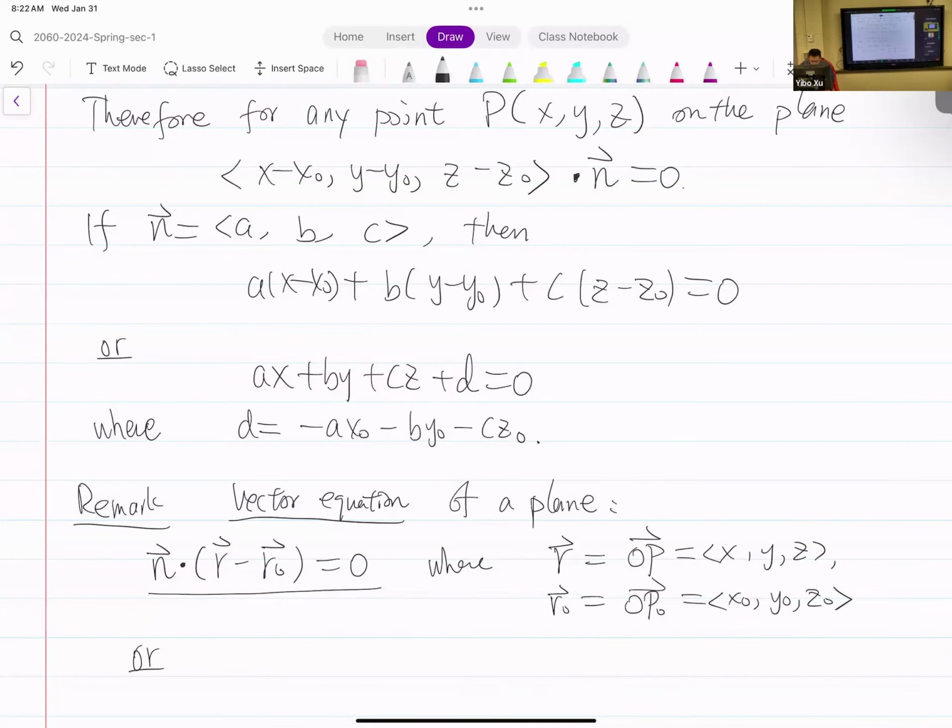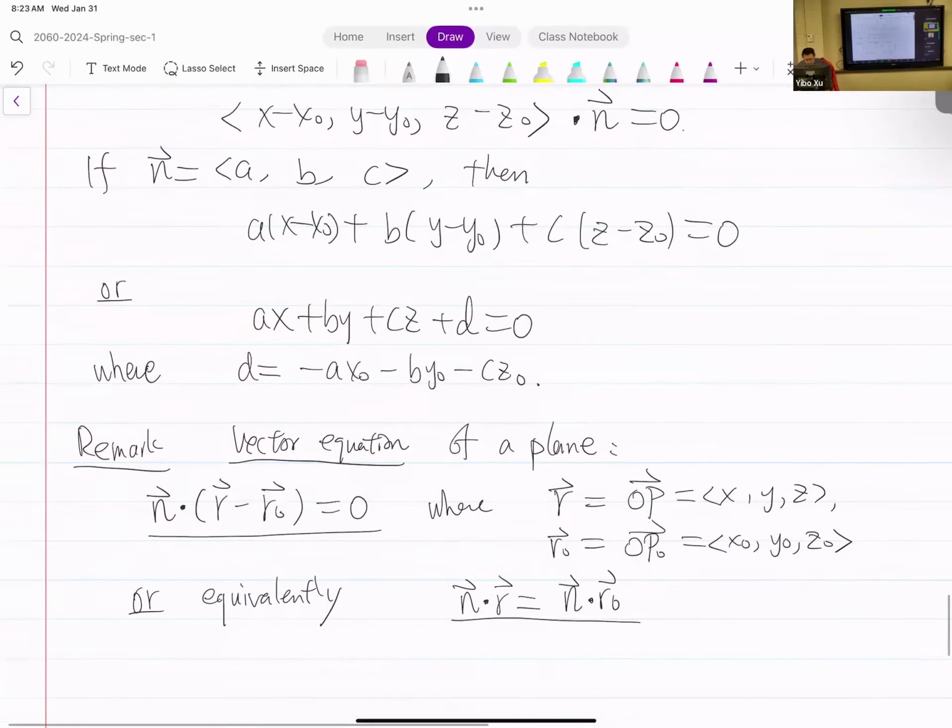But then you can also rewrite this equation just by putting the constants on the right hand side. So n dot r0 is actually a constant. You can equivalently write n dot r equals n dot r0.